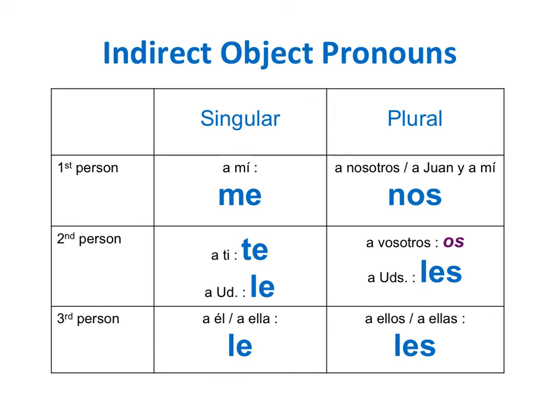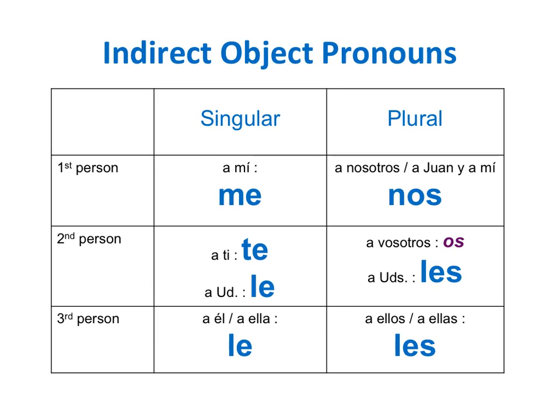So I can be the direct object if you call me, or the indirect object if you give me something. Me can go either way. Te: I can call you, or I can give you something. You can be a direct or an indirect object. Nos, or us, excuse me, it's not we. You can call us or you can give us something. So me, te, and nos can go either way.